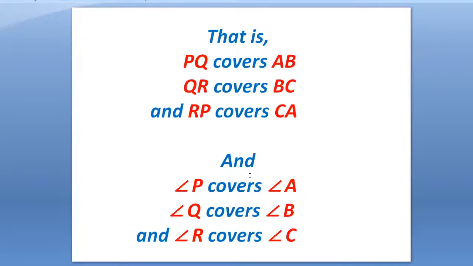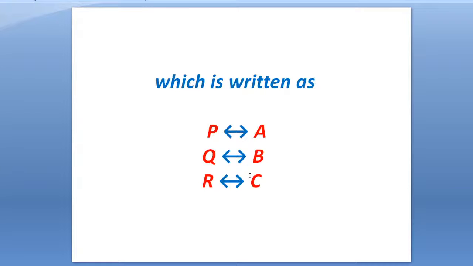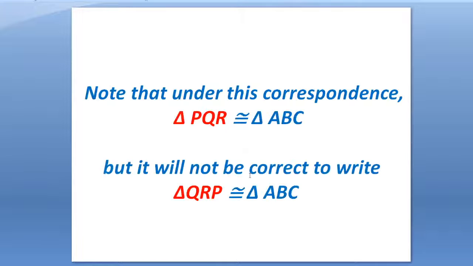So PQ covers AB, QR covers BC, and RP covers CA, and angle P covers angle A, angle Q covers angle B, and angle R covers angle C. P corresponds to A, Q corresponds to B, R corresponds to C.